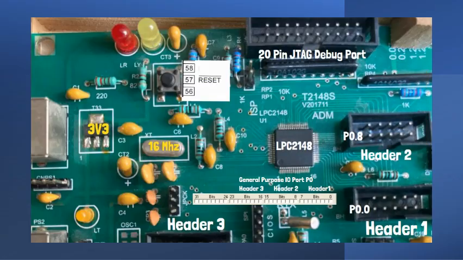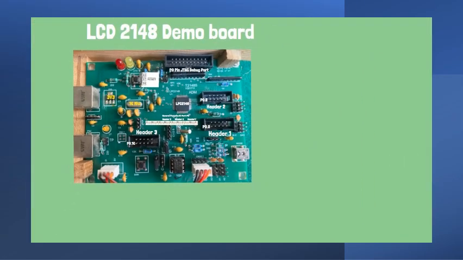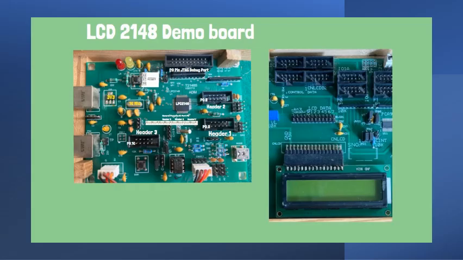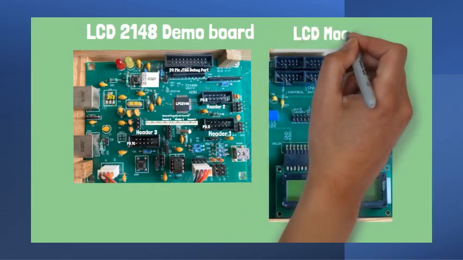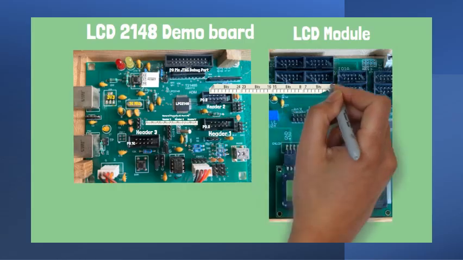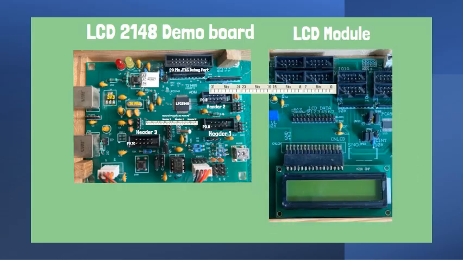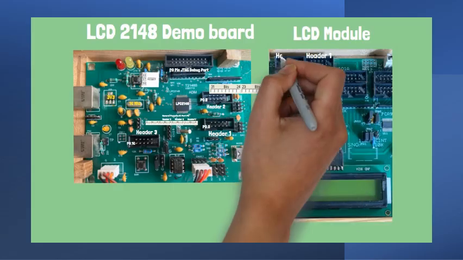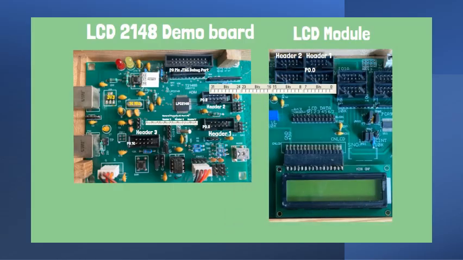Computers can only process binary numbers, but binary numbers on their own do not represent printable characters. Hence ASCII tables are used to map binary numbers to printable characters. LPC2148 communicates with the LCD module by sending 8-bit ASCII data through header 1 and 3 control bits through header 2.